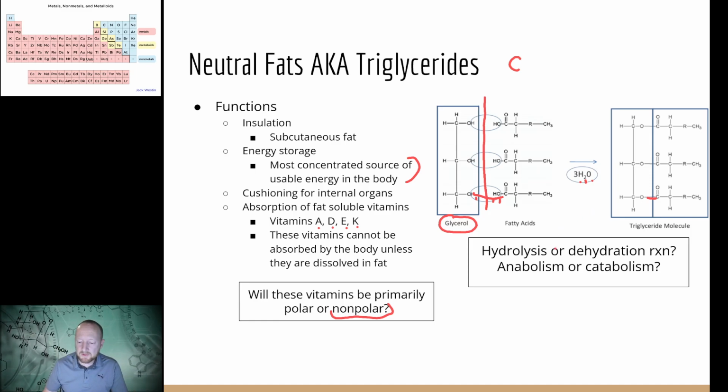The way I remember it is bodybuilders take anabolic steroids. They're trying to bulk up. They're trying to get big. They're trying to create more. So when we build up, it's anabolism or anabolic. When we break down, it's catabolic. So dehydration, it's also called dehydration synthesis. Dehydration goes with anabolism. Hydrolysis goes with catabolism.